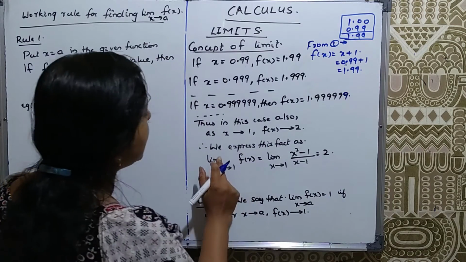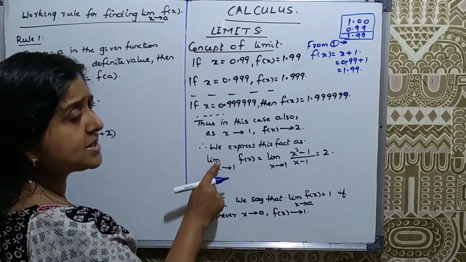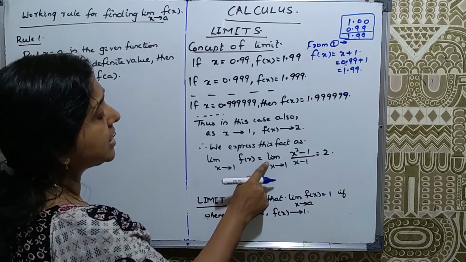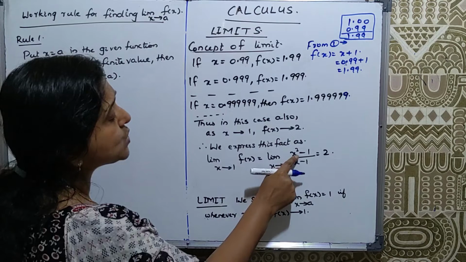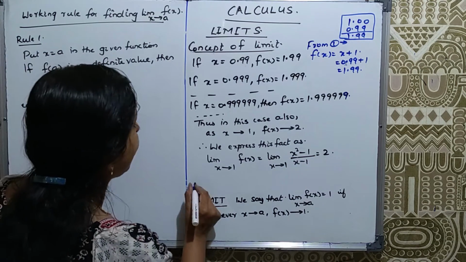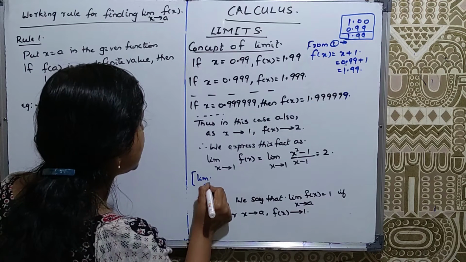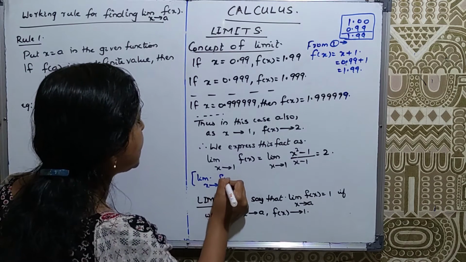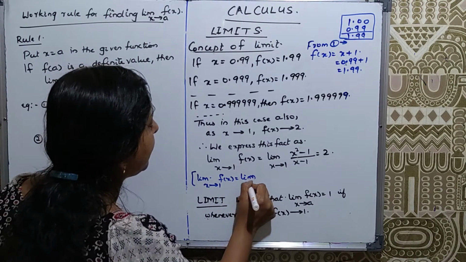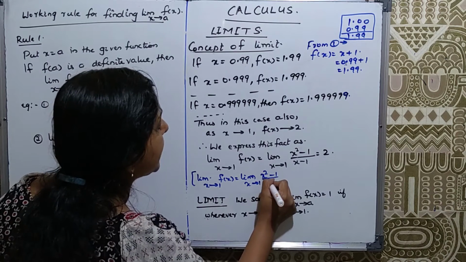Now in this case, we can express this as limit x tends to 1. That means x is approximately equal to 1, and limit x tends to 1 of x squared minus 1 by x minus 1 is 2. How will it become 2? So I'll write in plain form: limit x tends to 1, f of x equal to limit x tends to 1, x squared minus 1 by x minus 1.